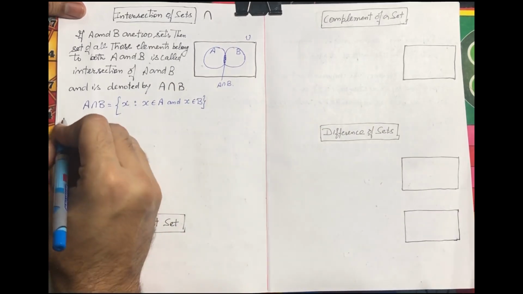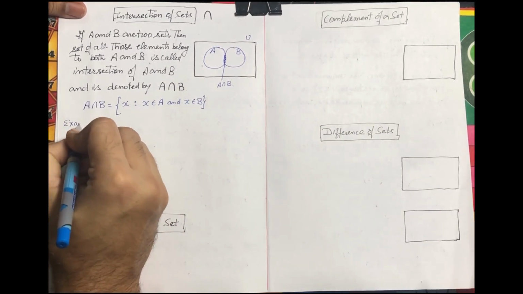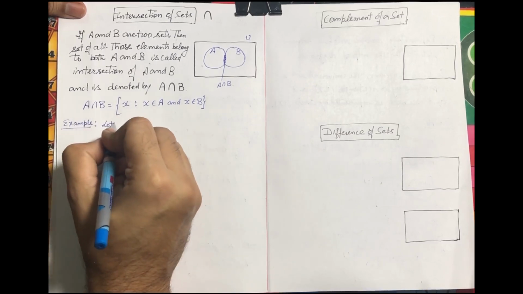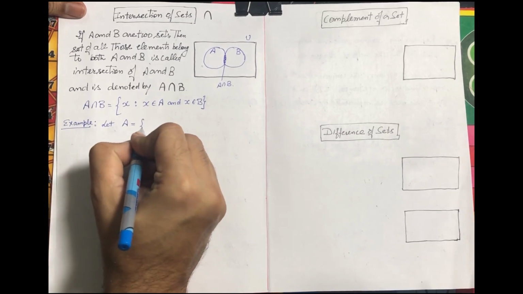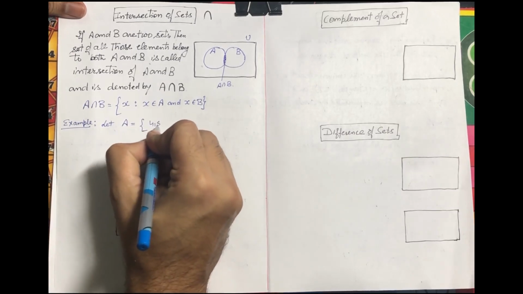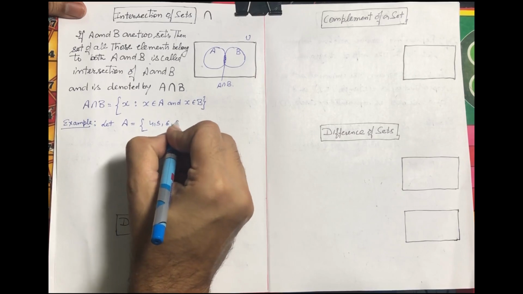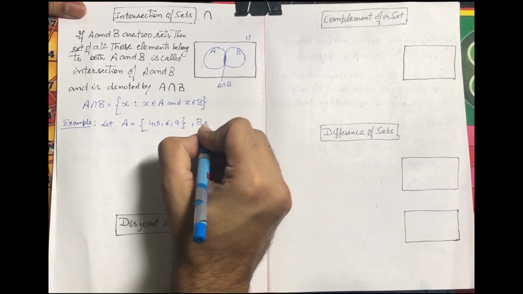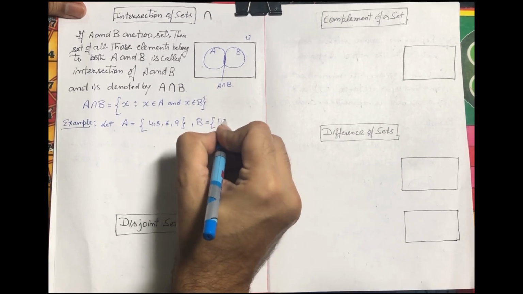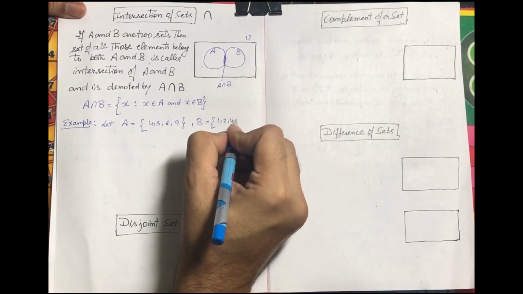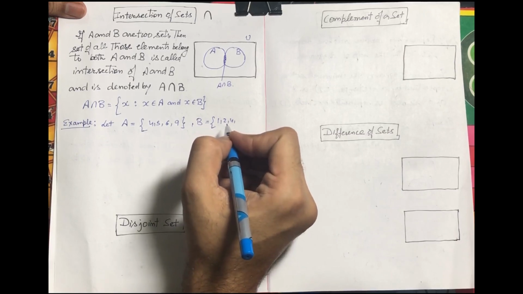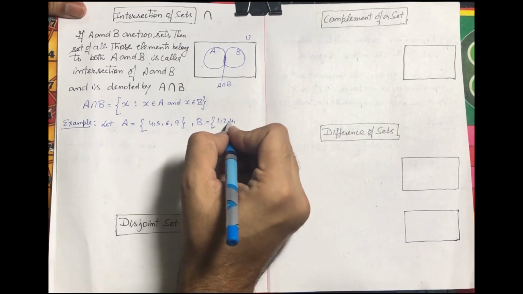Now, for example, let A is equal to 4, 5, 6, 9 and B is equal to 1, 2, 3, 1, 2, 4, 5.